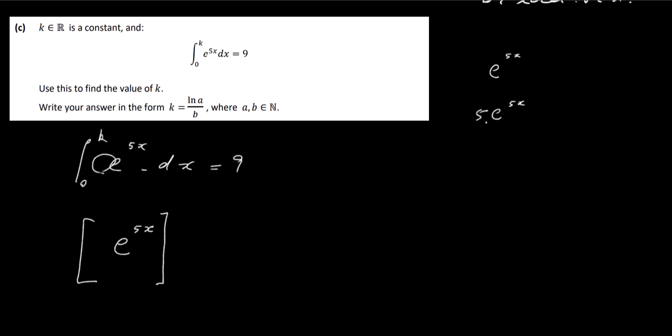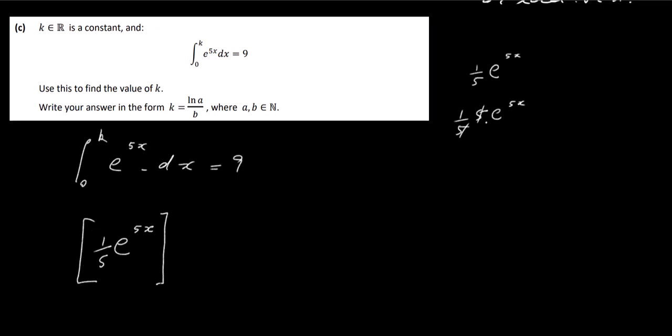There isn't a 5 here. So that means we've got to put in a 1/5 here to cancel out this 5. If we had a 1/5 here, we would get 1/5 e to the power of 5x times 5. These two 5s would cancel and we would end up with e to the power of 5x.